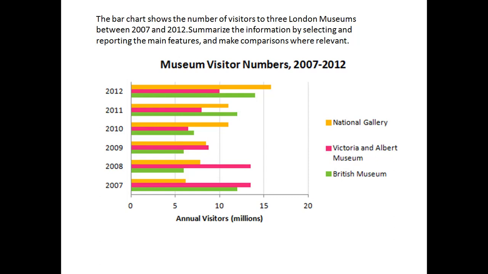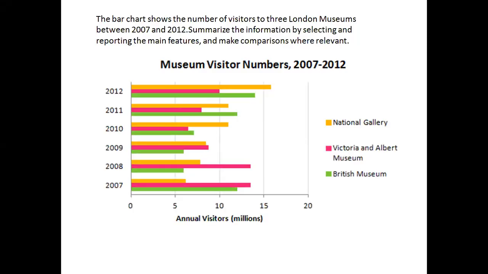What kind of numbers? The number of visitors, you can say. Which can also be replaced with the number of visits, and there is a special term for that. I'm going to tell you that special term. The number of visits can be replaced with a word: footfall. F-O-O-T-F-A-L-L, footfall.